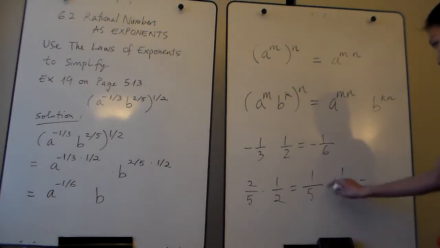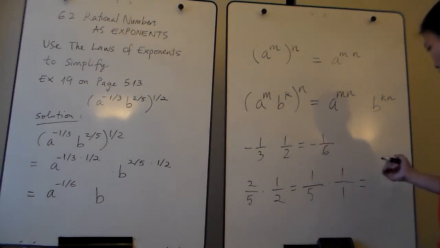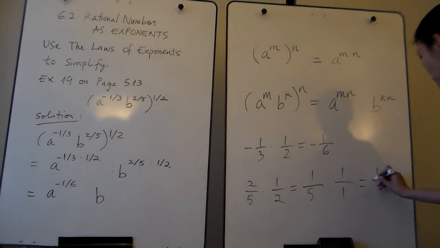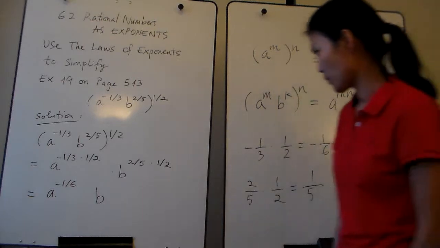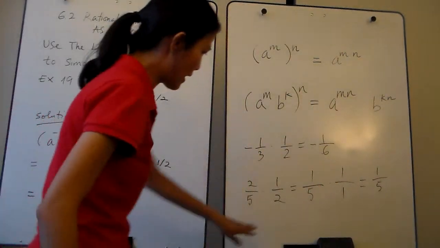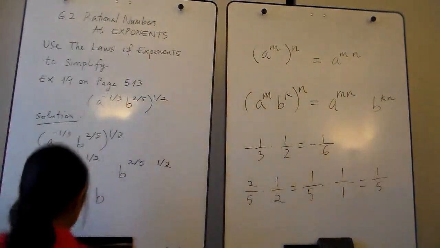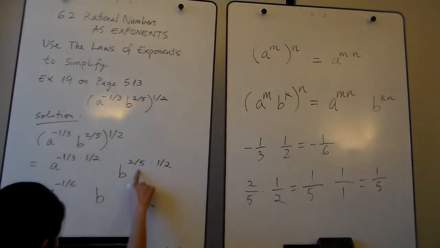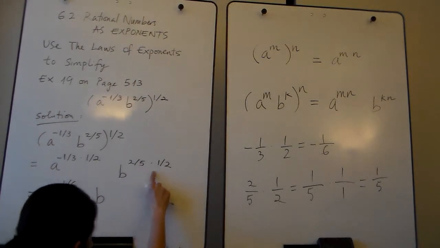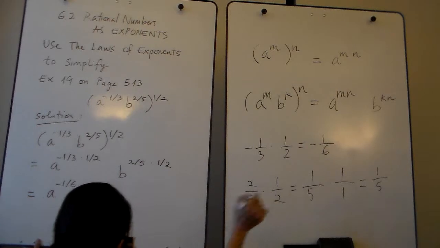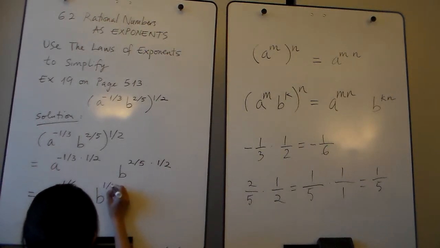You can simplify by multiplying numerators together. 1 times 1 is 1. 5 times 1 is 5. So the product of 2 over 5 times 1/2 is 1 over 5. So you will replace this product, 2 divided by 5 times 1/2, with 1 divided by 5.